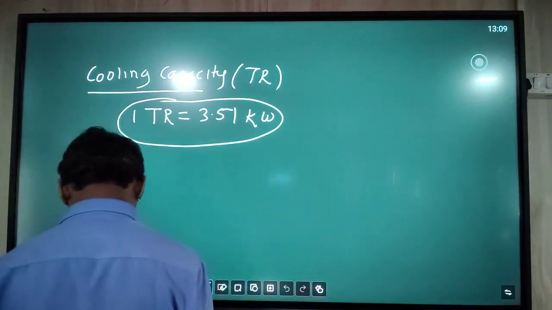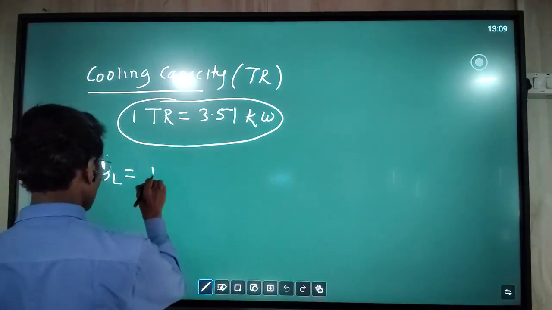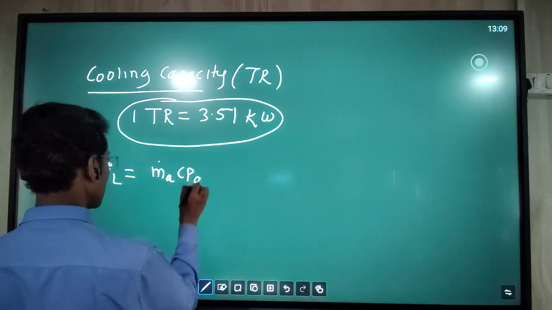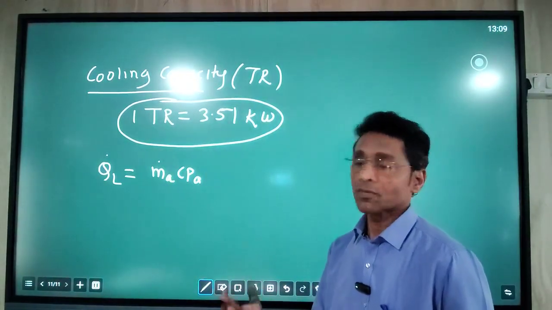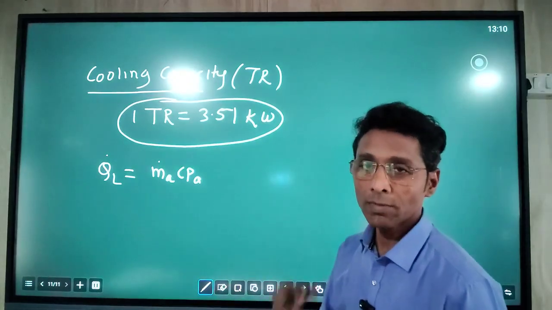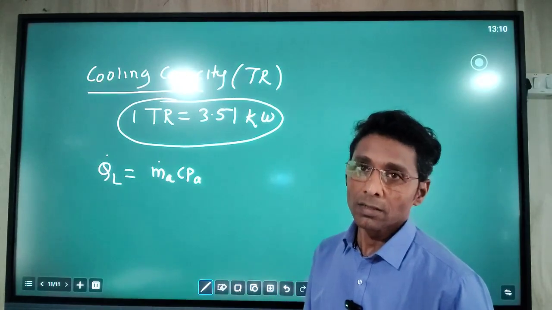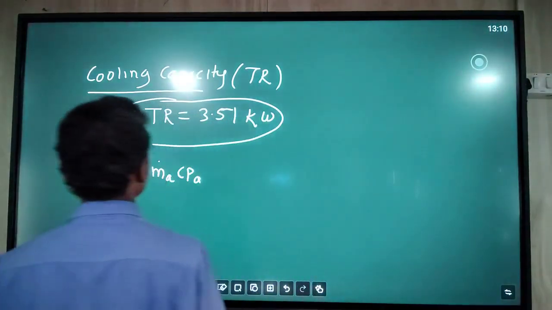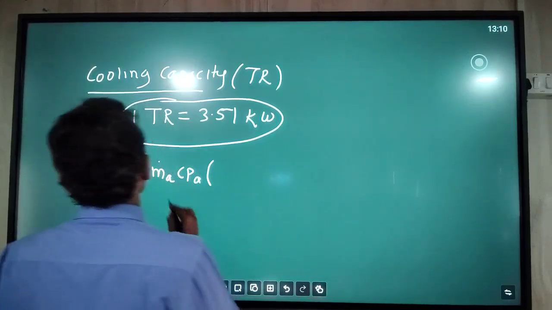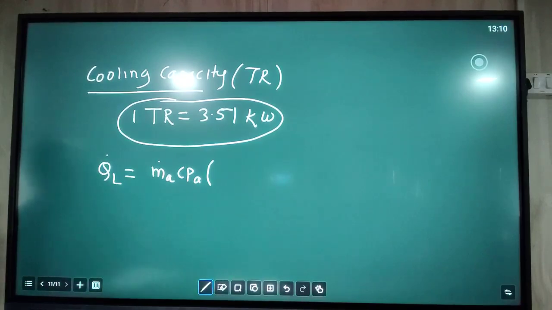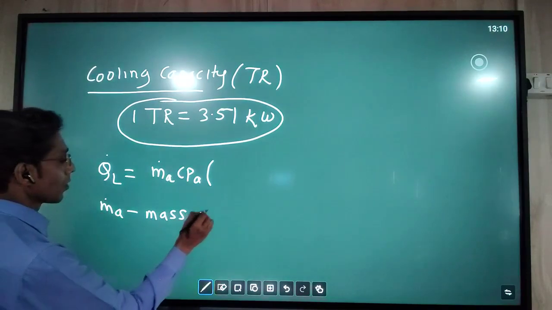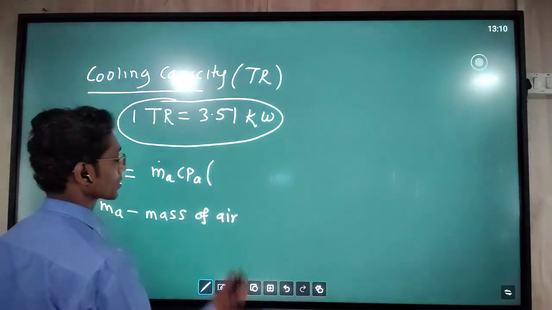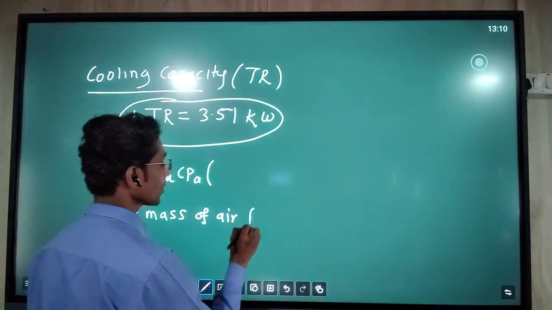So we can write the formula Q dot L is equal to m Cp delta T, which is the basic concept that we use in thermodynamics: the product of the mass of the substance, the specific heat of that substance, and the temperature rise during the process. Here, as the heat carrying medium is air, we use m dot A, the mass flow rate of air, that is the mass of air circulating through the system.